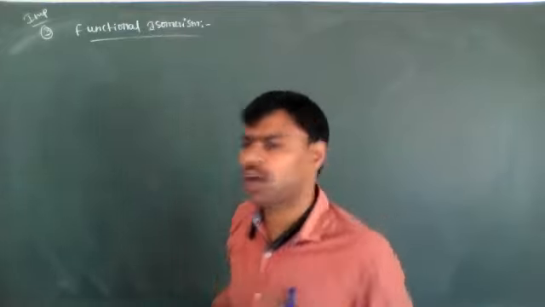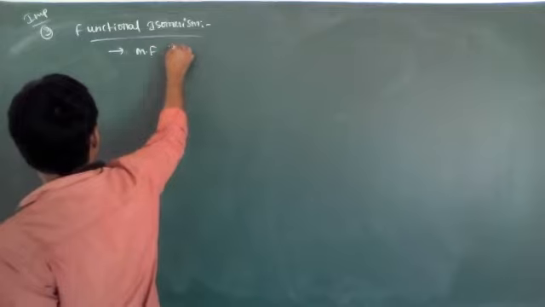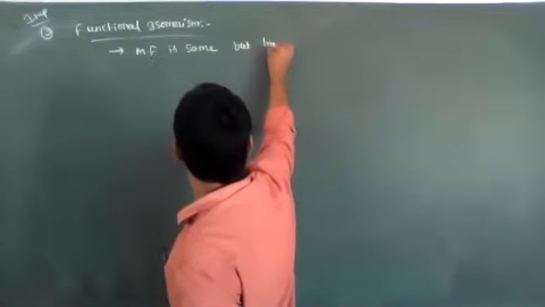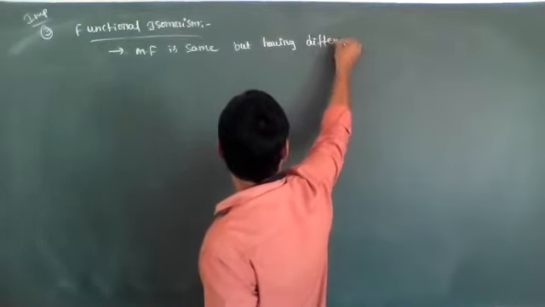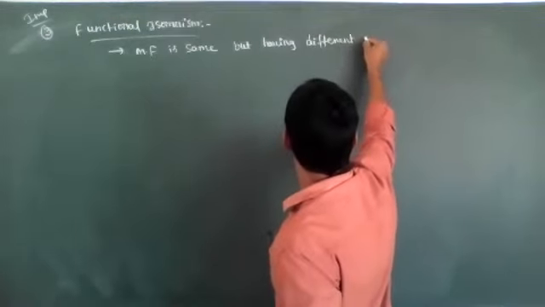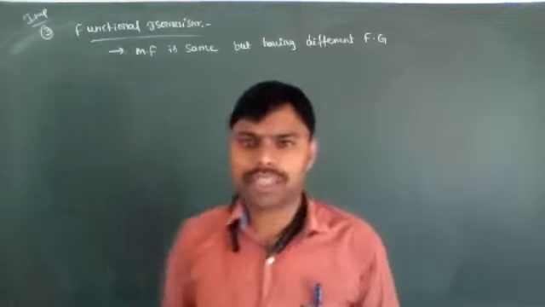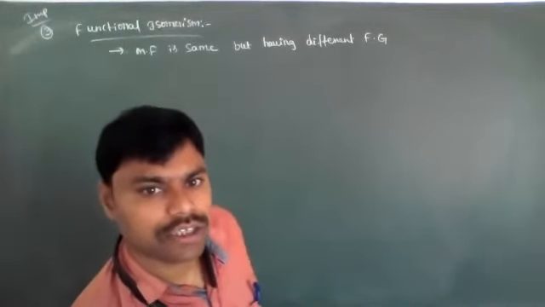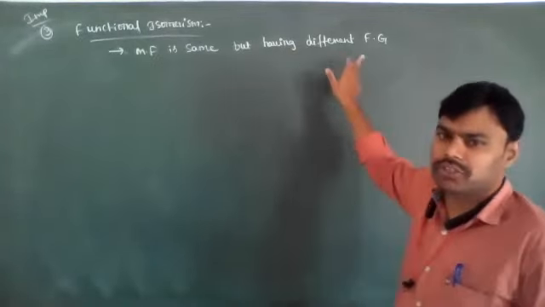The compounds having the same molecular formula, I am writing shortcutly, the molecular formula is same, but different functional groups are present. Such compounds are called functional group isomerism or functional group isomers. So the molecular formula is same but different functional groups.